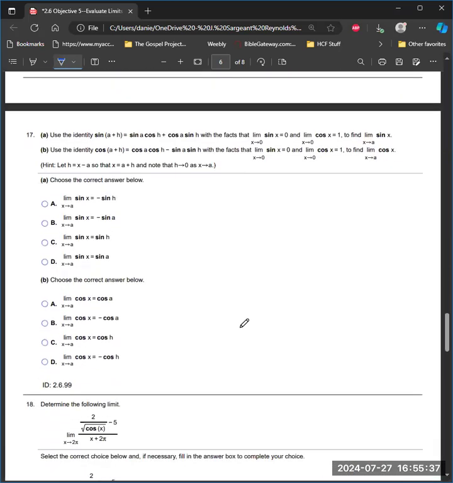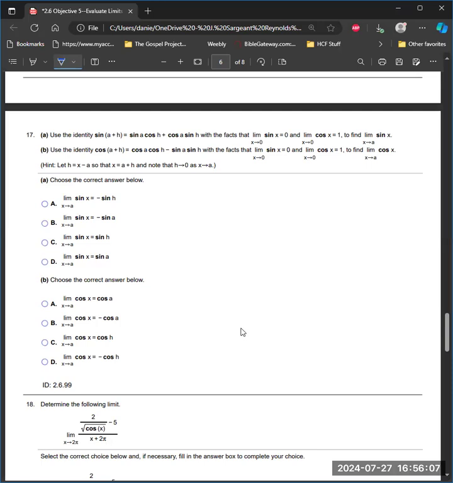It's the sum difference identity for sine, sum difference identity for cosine here to find what happens with sine of a plus h when x goes to 0, sine of x equals 0, cosine of x goes to 1.